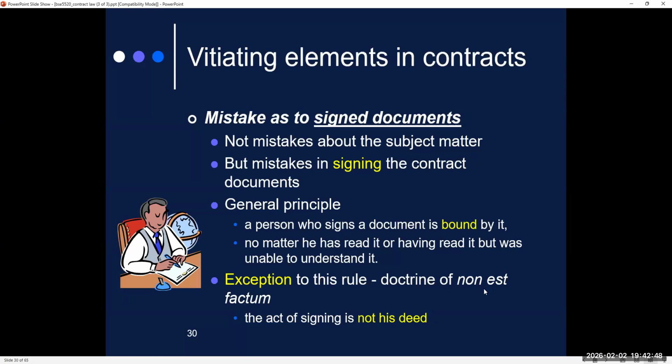It's not ordinary English. So what does it mean? The act of signing is not his deed, is not his will, is not his intention, is not what is in his mind. He just signed it mistakenly. Mistakes as to signed document, mistakes in signing. Not according to his wish.